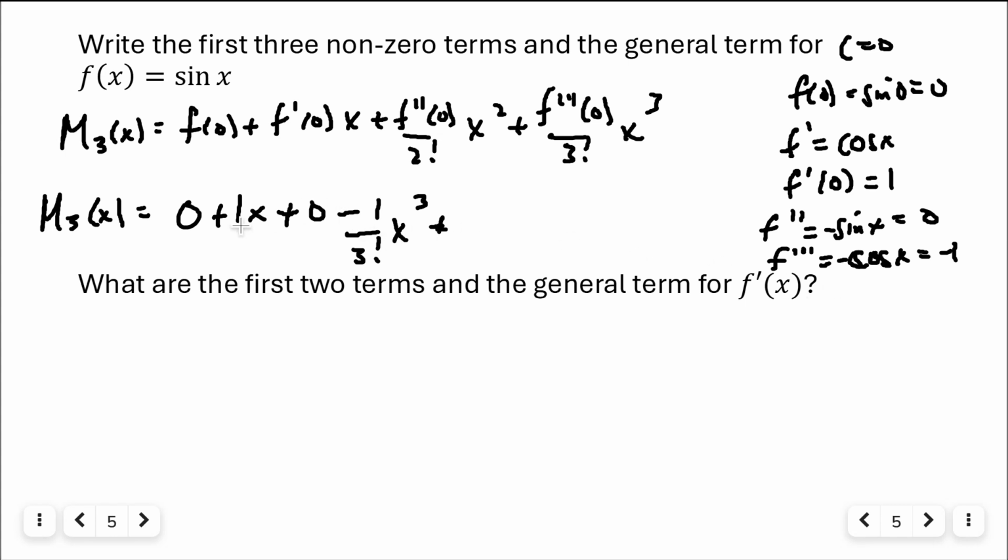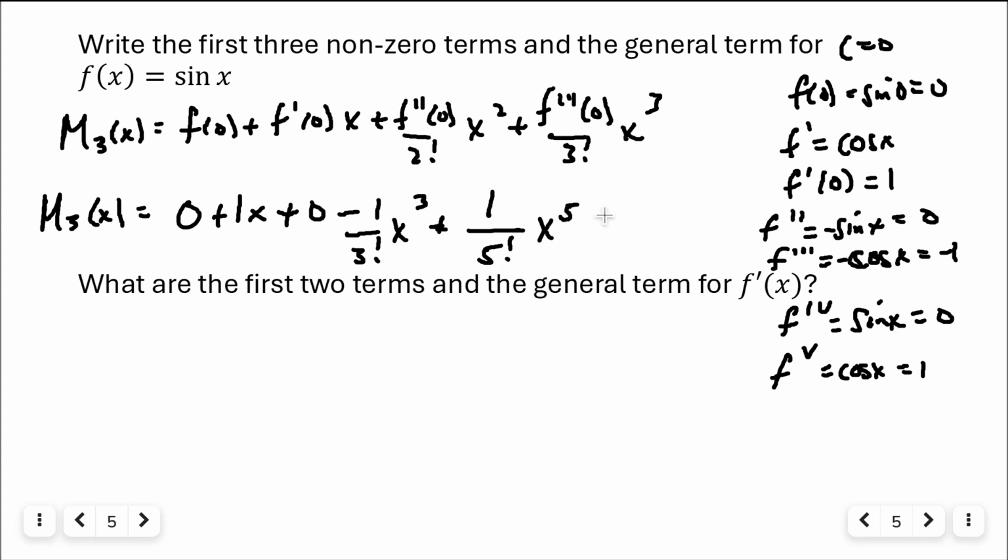Oh, no, not the first three. That's only the first two non-zero terms. We have to keep going. So the fourth derivative is going to be sine x. Again, that's going to give me a 0. The fifth derivative is going to be cosine x. That's going to give me 1. So that's going to be the fifth derivative at 0, which is 1 over 5 factorial x to the fifth. Okay, there's the first three non-zero terms.